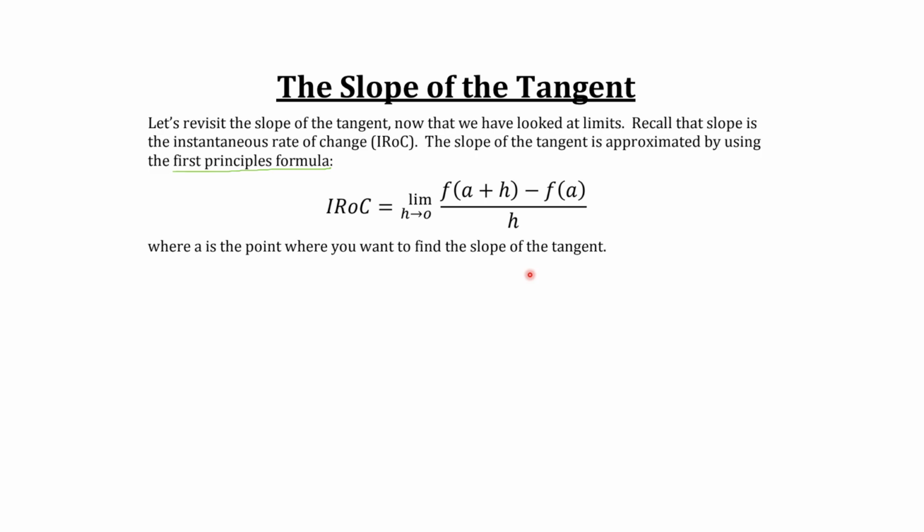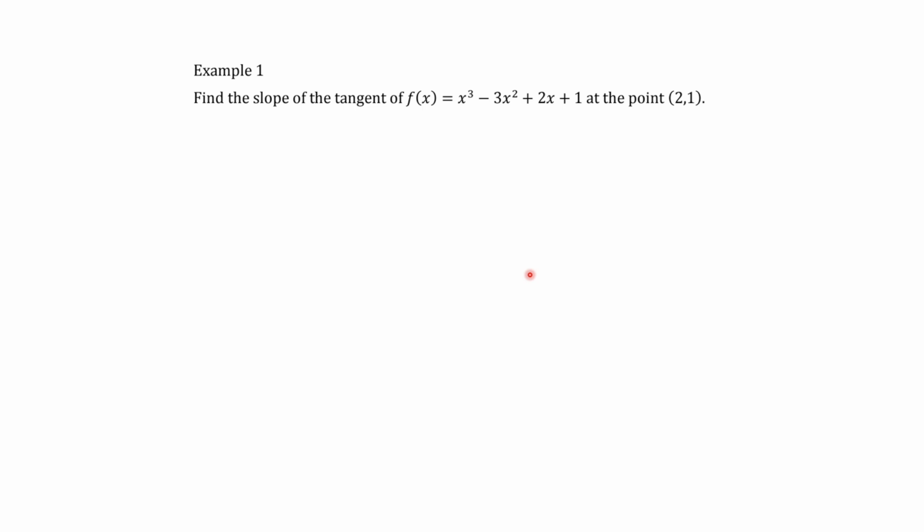So we have our formula, we know what the slope of the tangent is, we know what a limit is, so let's do this. Example 1, find the slope of the tangent of f of x equals x cubed minus 3x squared plus 2x plus 1 at the point (2, 1). Okay. So what information do we have here?